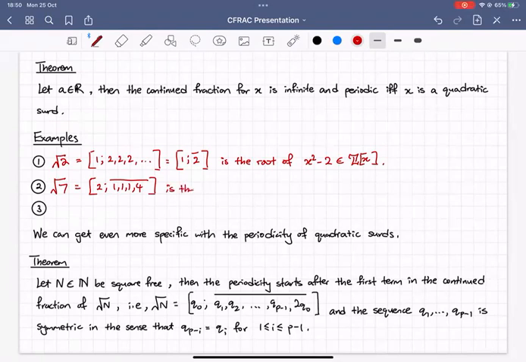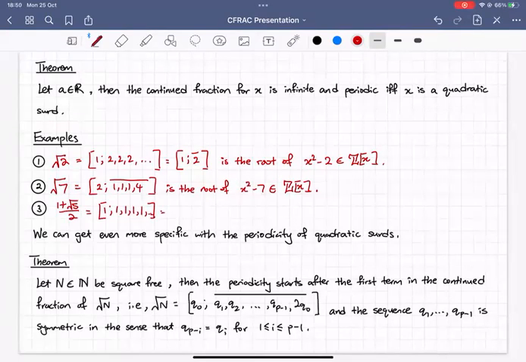And it's the root of x squared minus 7. So how about something that's a little bit more special, the golden ratio? This is the simplest continued fraction. So it's just 1, 1, 1, 1, 1. And this is the root of x squared minus x minus 1.